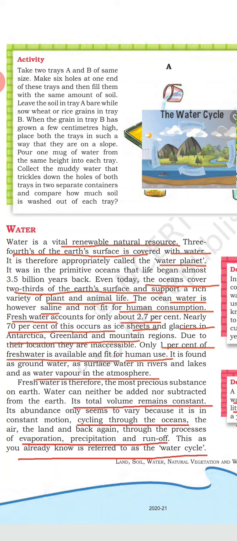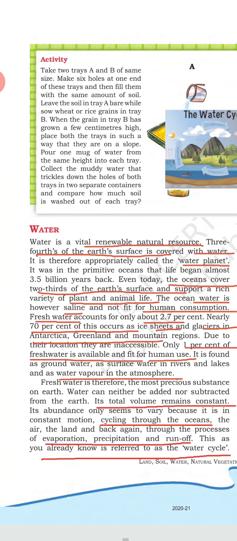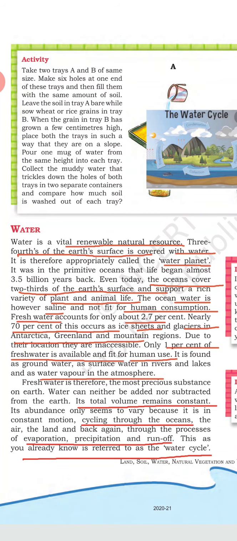As we know, water is basic to life and one of the most important renewable natural resources. Water is colorless, odorless and tasteless. It is the only resource that is available in three different forms.